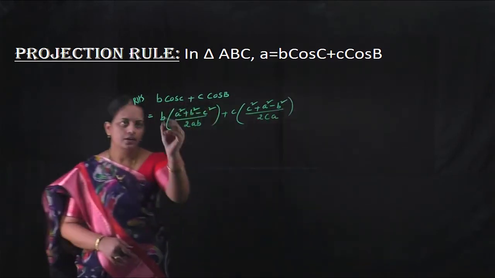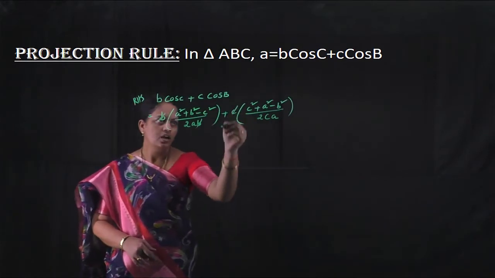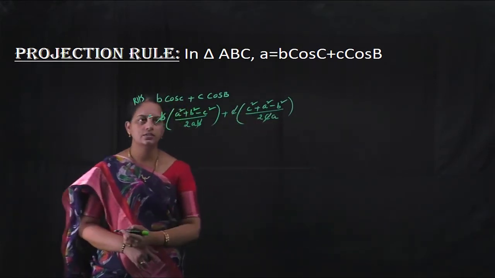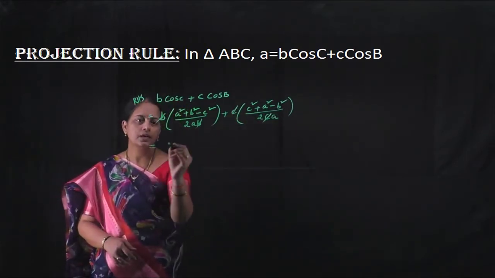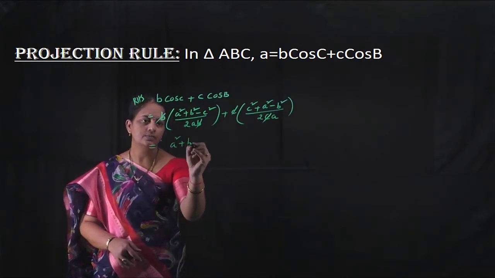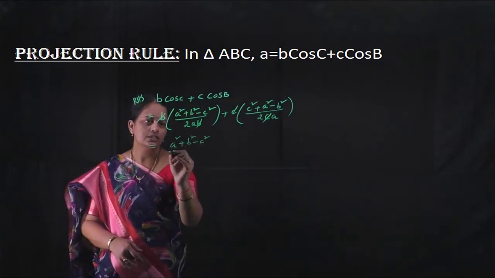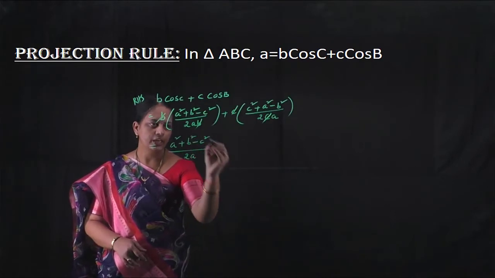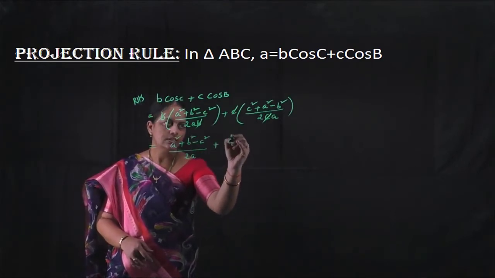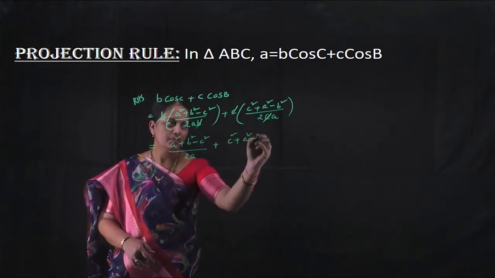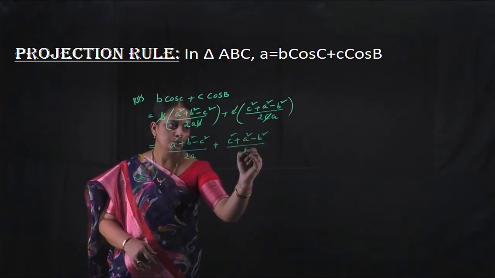Here the b's get cancelled and the c's get cancelled, and the remaining part is (a squared plus b squared minus c squared) by 2a plus (c squared plus a squared minus b squared) by 2a.